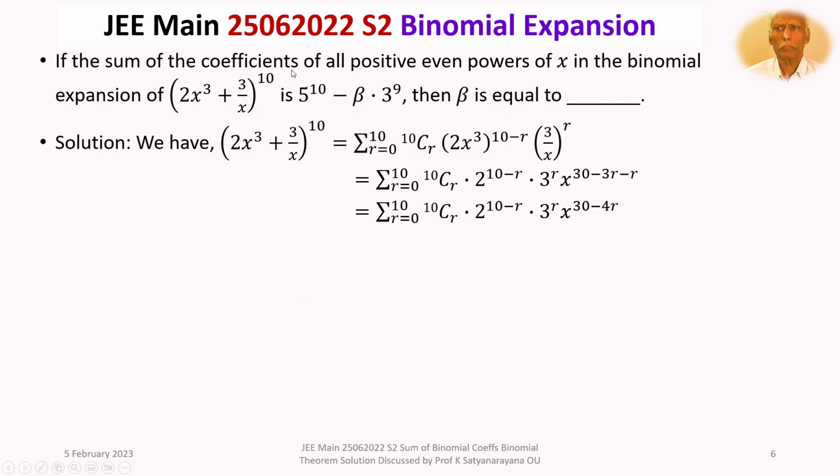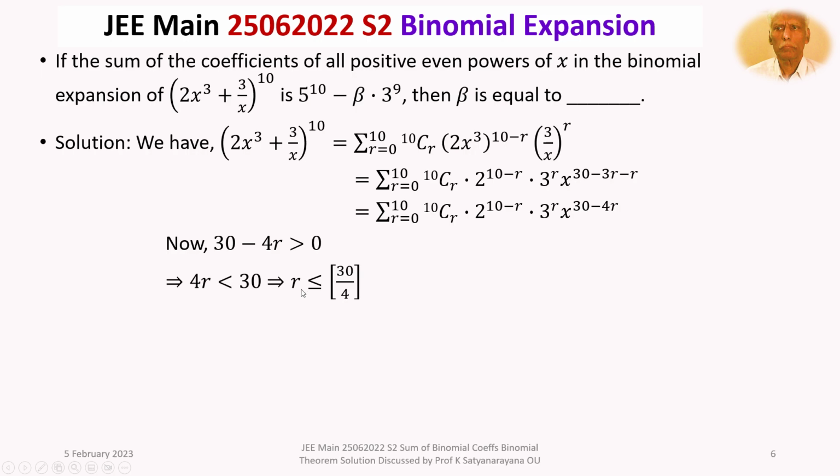What is to be found? The sum of the coefficients of all positive even powers of x. When the power of x is positive, 30 − 4r is greater than 0, which implies 4r is less than 30.